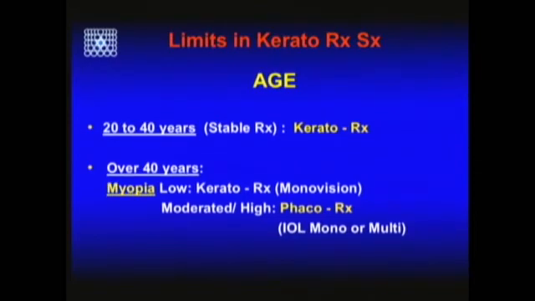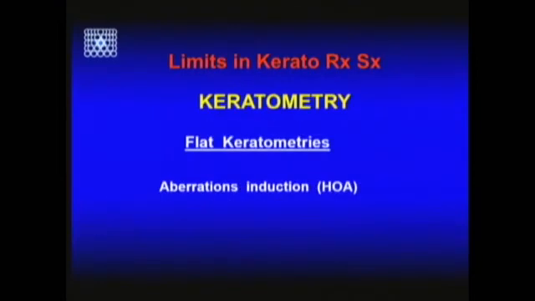Over 40 years of age, if the patient has low myopia, you can consider keratorefractive. You can offer monovision for the future presbyopia. From moderate to high myopias, phaco-refractive surgery with ICLs, IOLs, with monovision or multifocal IOLs.